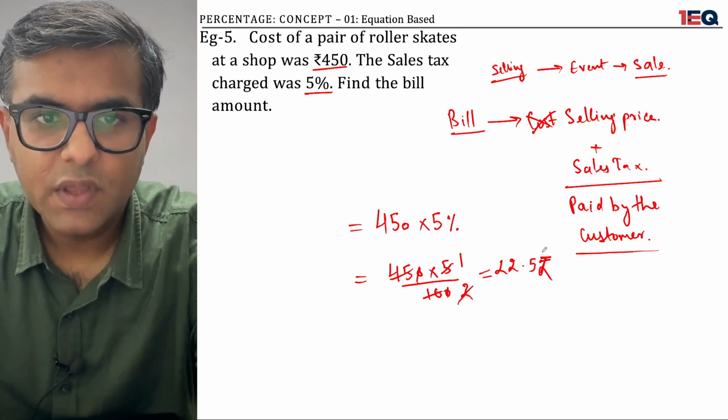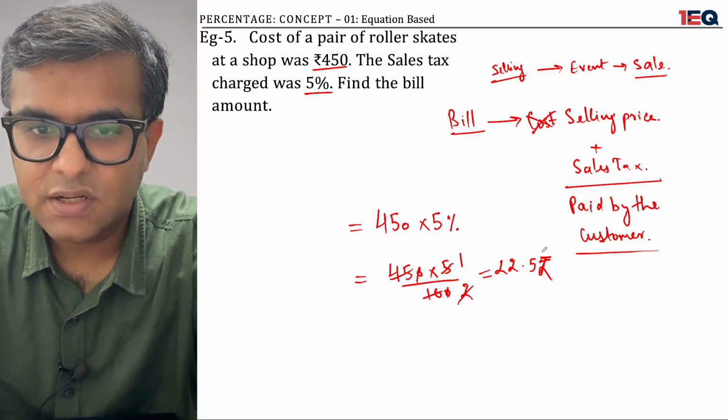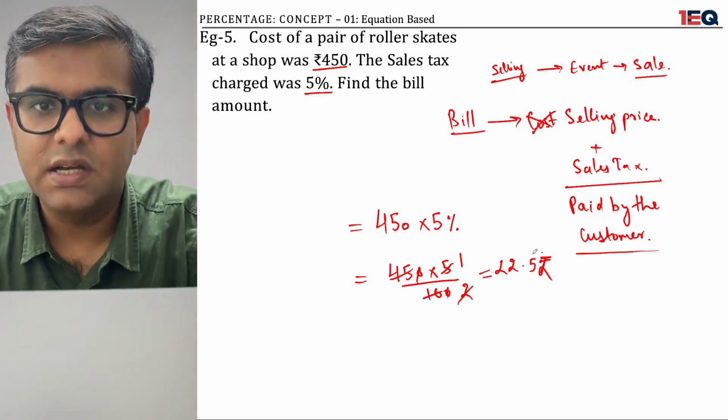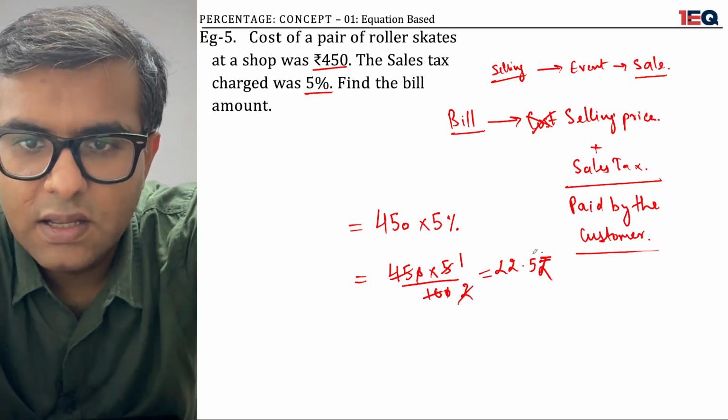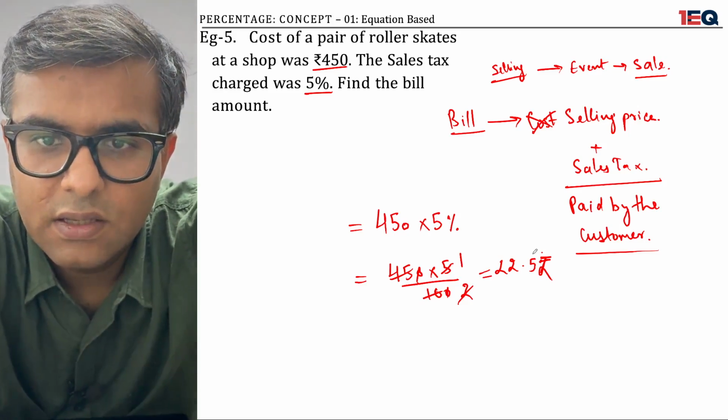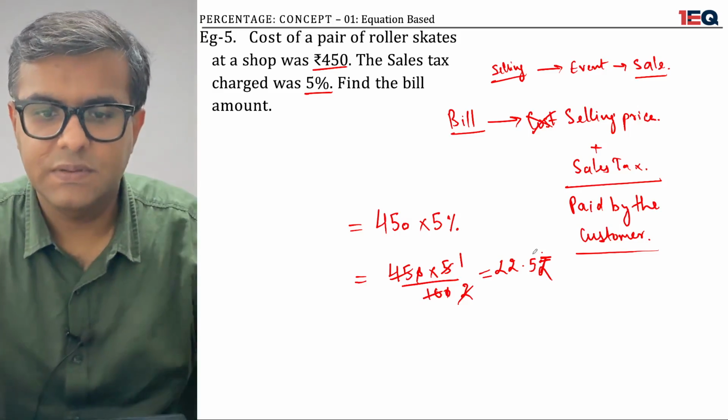The extra money which is being charged is the sales tax, and the sales tax is 22.5 rupees.